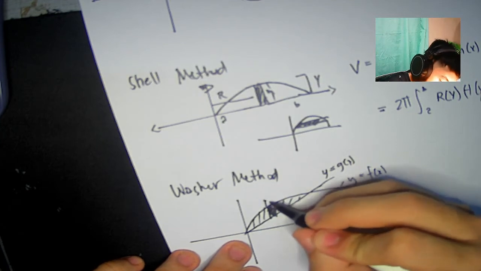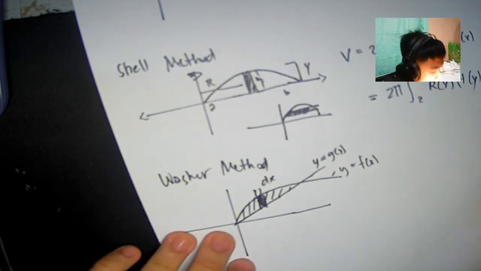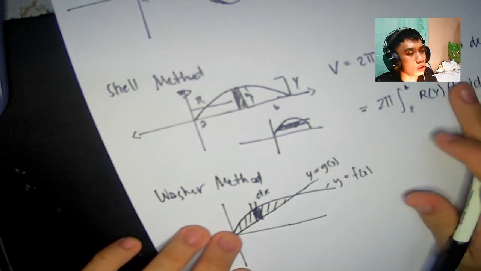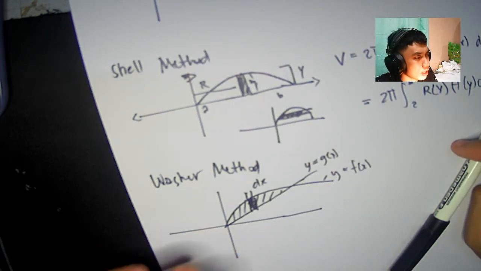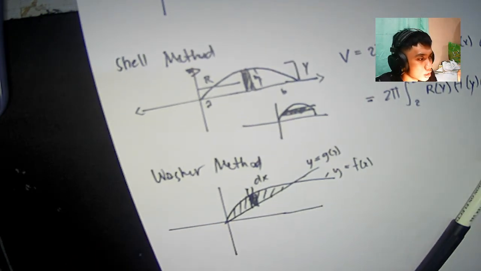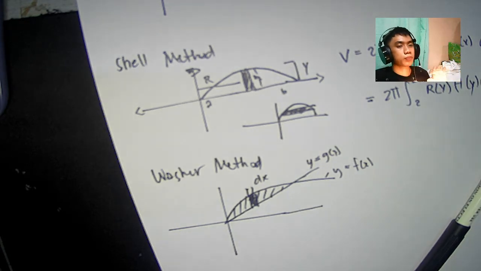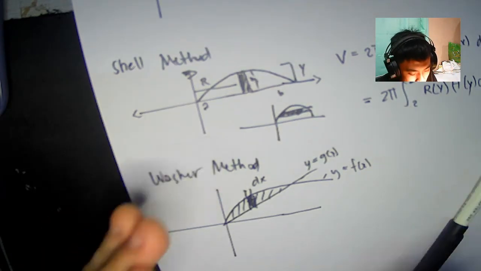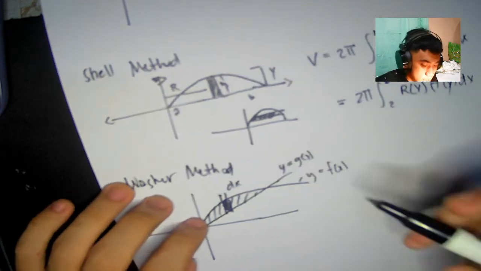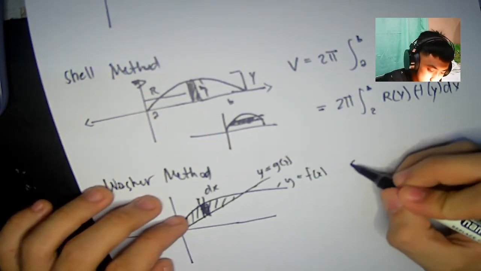So what does a washer look like? A washer is something that goes with the bolt and nut. We see the bolt and nut in things. A washer is something that clamps things together, or something that looks like this.